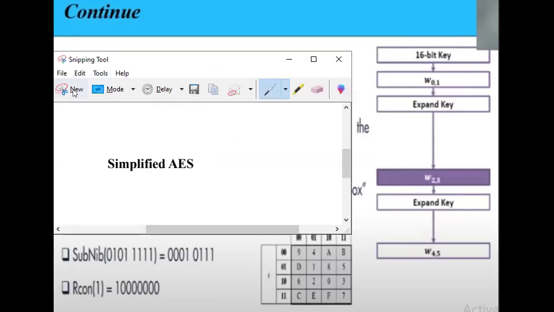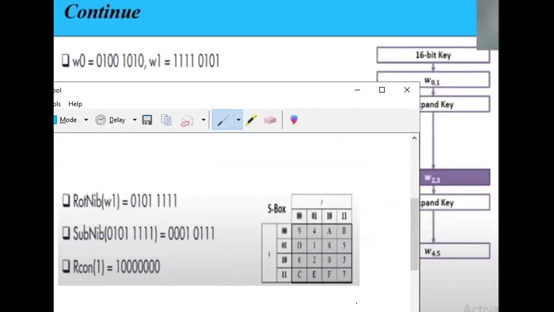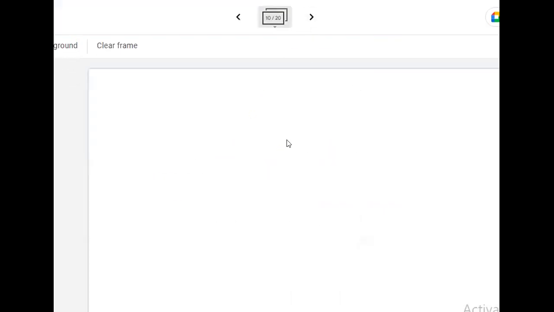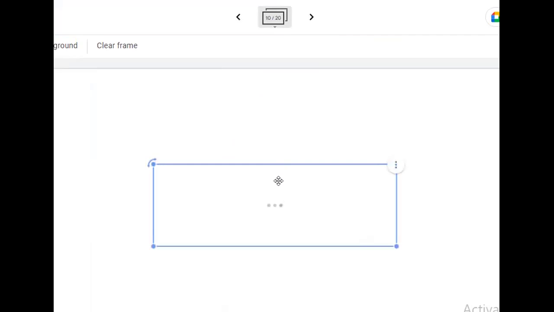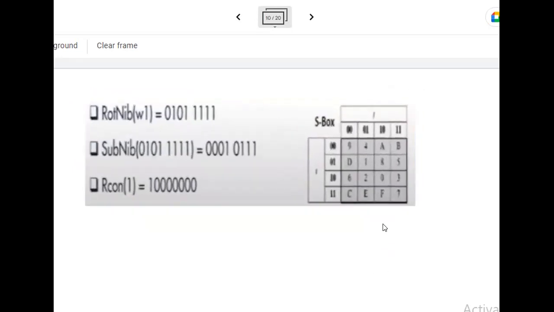In the substitute nibble operation, I need to elaborate in detail, so I'll be using the board over here. I hope the S-box is visible to you.